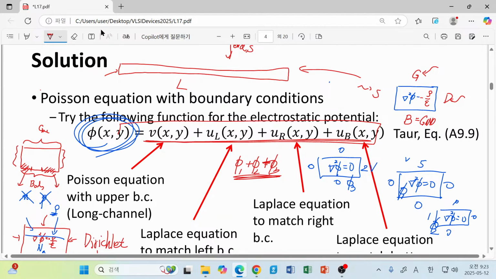In this case, the impact of the source side and drain side doesn't matter. The only important one should be the gate related one.